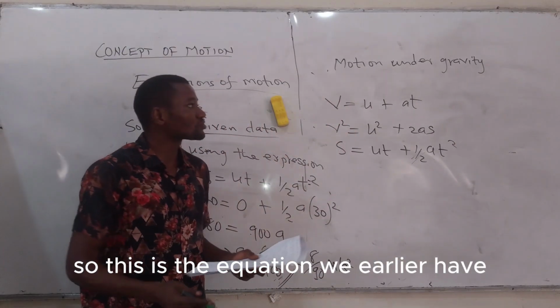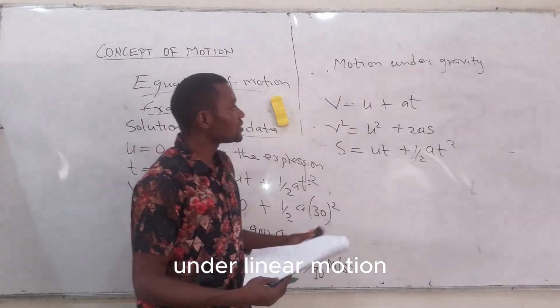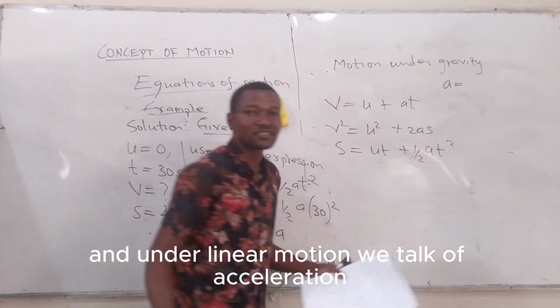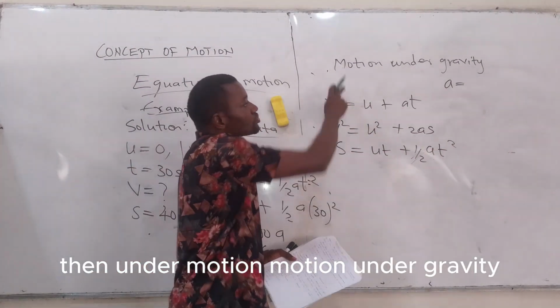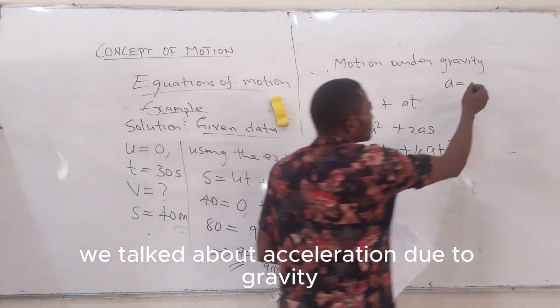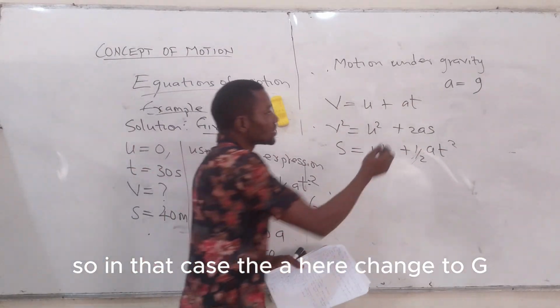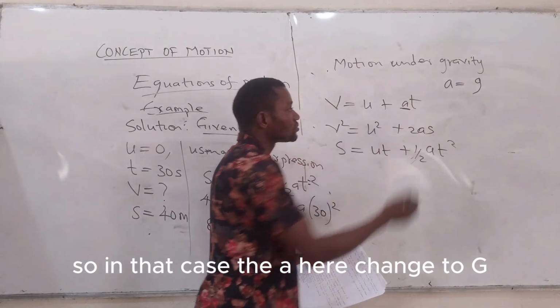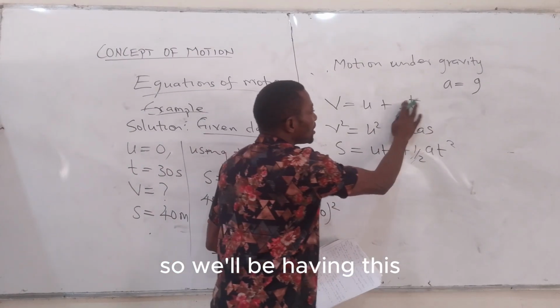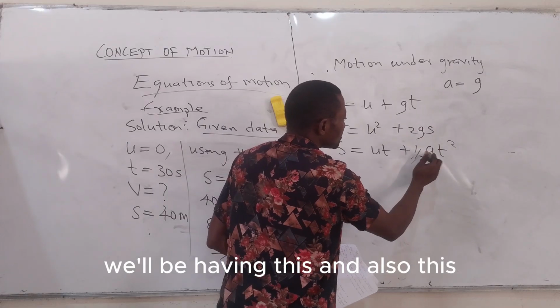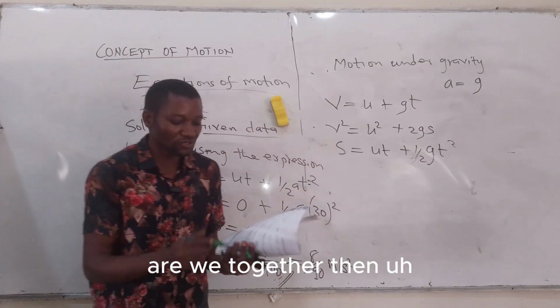So this is the equation we earlier have under linear motion. And under linear motion, we talk of acceleration. Then under motion under gravity, we talk about acceleration due to gravity. So in that case, the a here changed to g. So we'll be having this, and also this. Are we together?